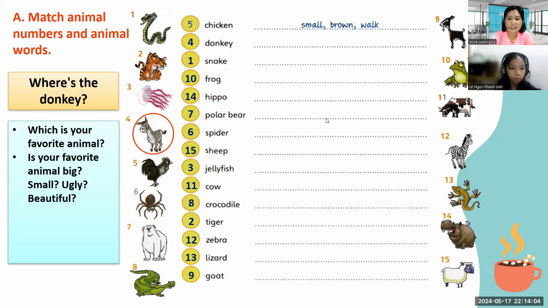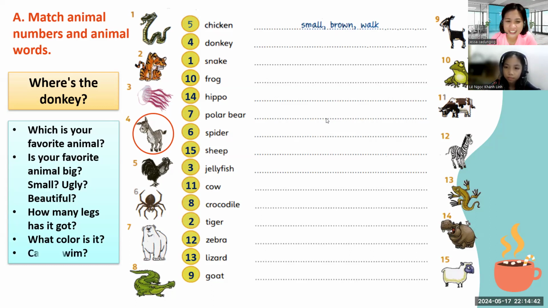Oh, look at here, Lynn. Is your favorite animal big or small? Big. Is it ugly or beautiful? It's beautiful. Now here, Lynn, how many legs has it got? There are 4 legs. And what color is it? It's white. All right, very good.